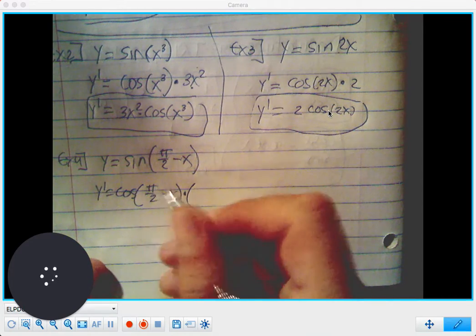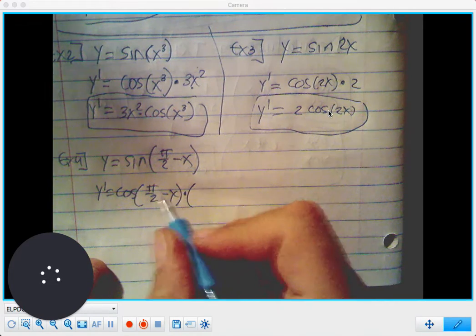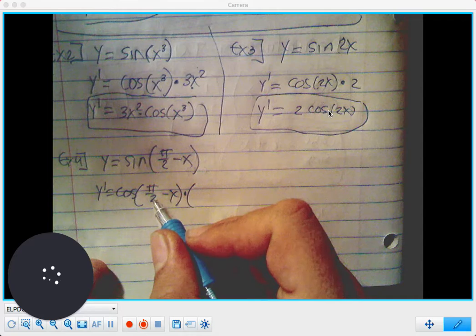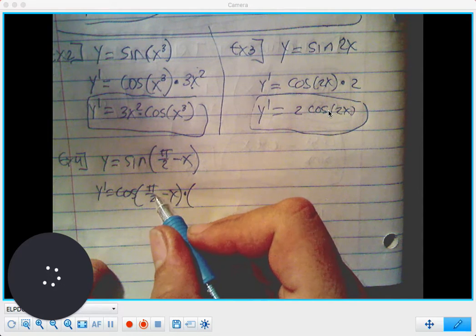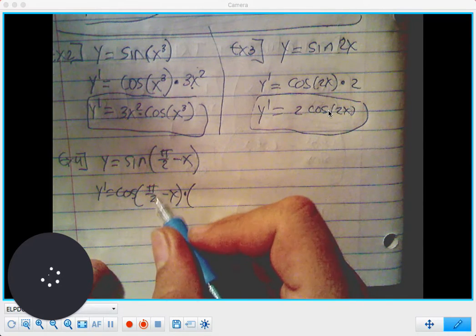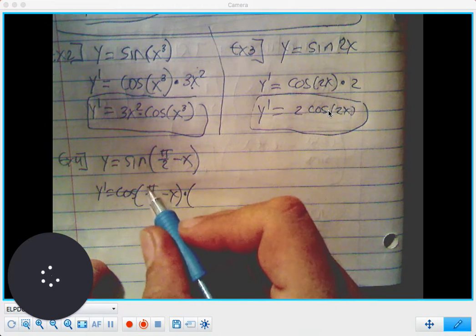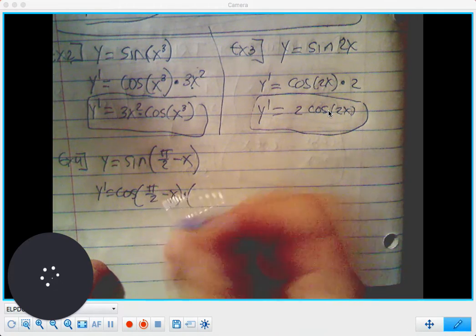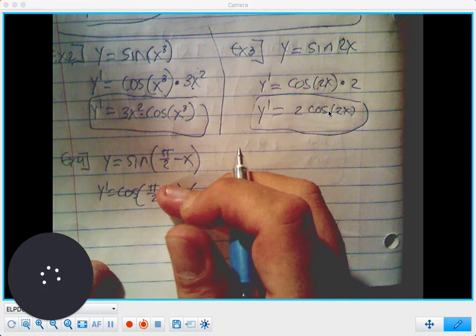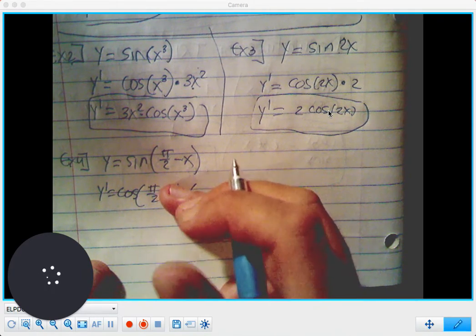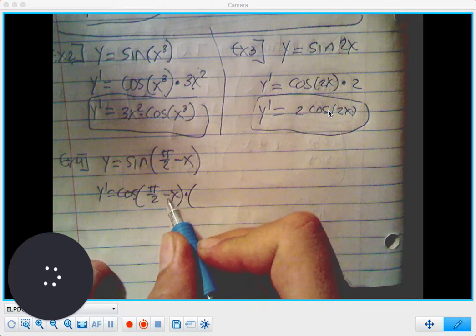Now, here's where people get confused. What is the derivative of pi over 2? Well, the derivative of pi over 2 would be 0, because pi is a number. So this means 3.14 divided by 2. There's no variable there, so that's 0. The only one that you need to take the derivative of is negative x.